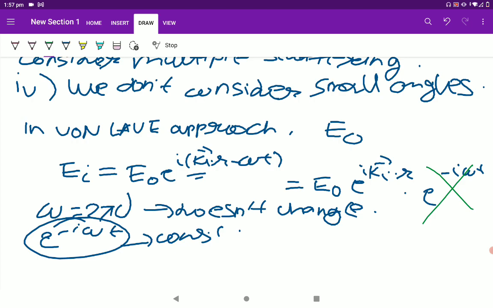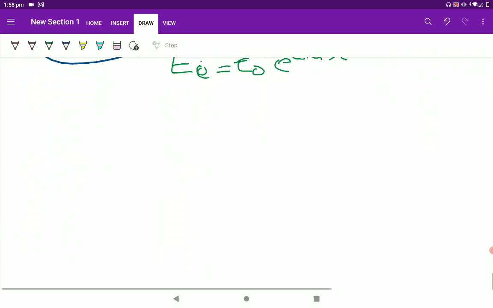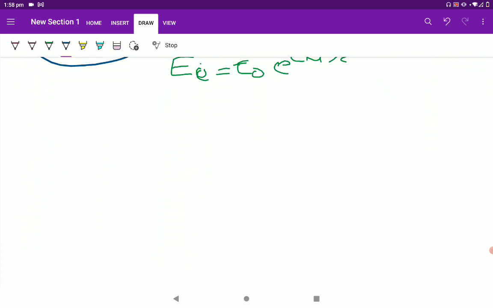We will consider only this equation, that is E_I equal to E0 e^(i k_i r). We can write the modulus of the incident wave vector as 2 pi by lambda.